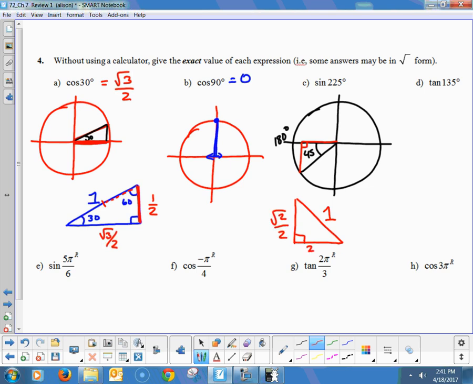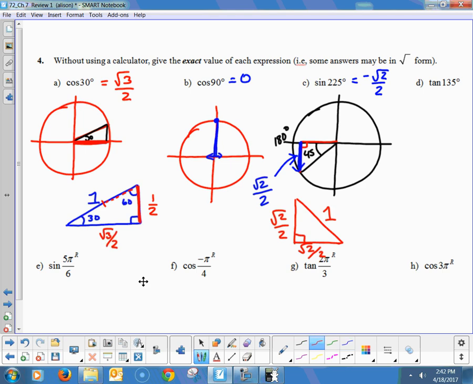At least that's the way I remember things, is root 2 over 2. So that means this side here is root 2 over 2. But wait, meaning that's the sine, the y value. But wait, it's a negative y value. So we're going to say this is negative root 2 over 2.